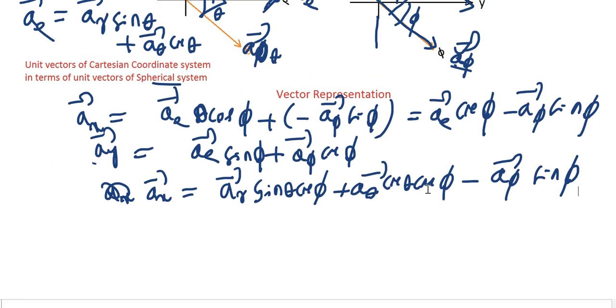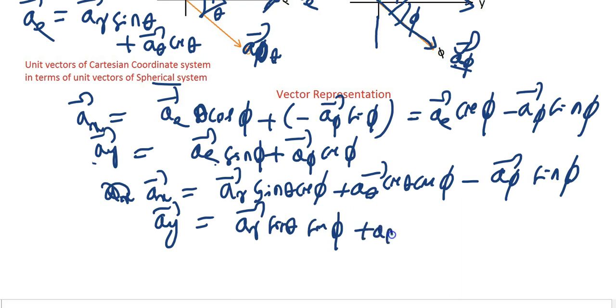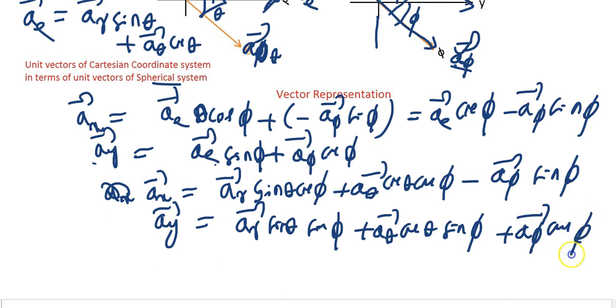In a similar fashion, you can write AY is equal to AR sin theta sin phi plus A theta cos theta sin phi, then plus A phi cos phi. And what is the AZ? Can anyone say AZ?